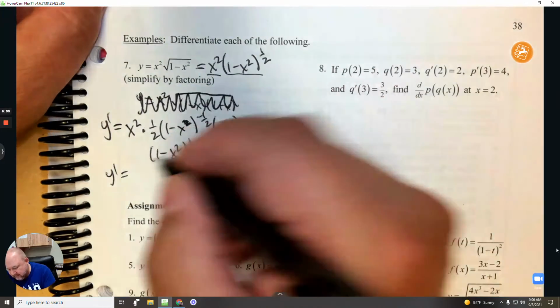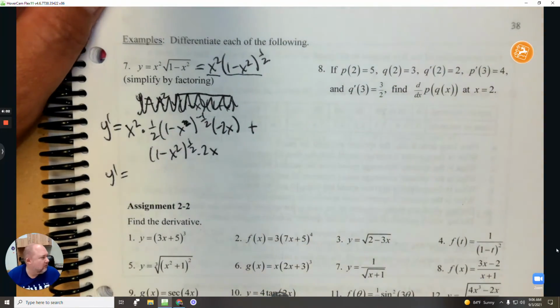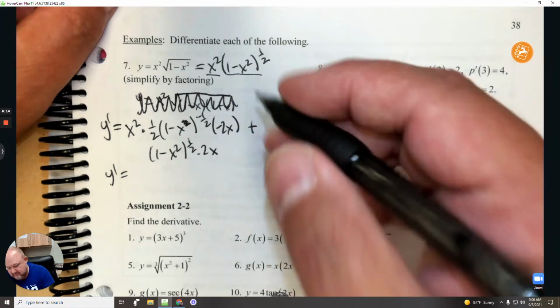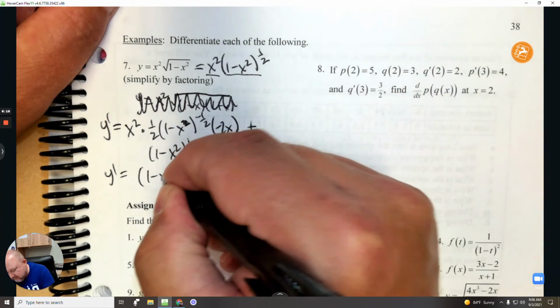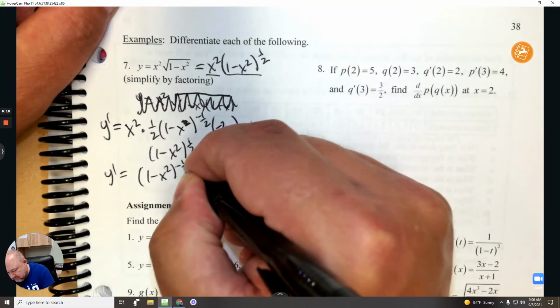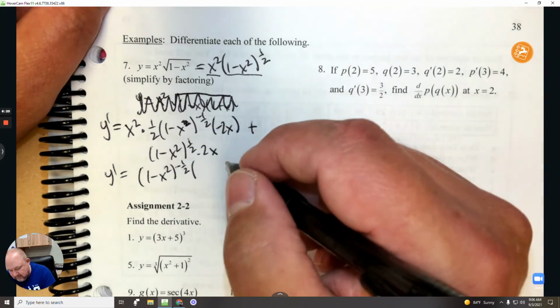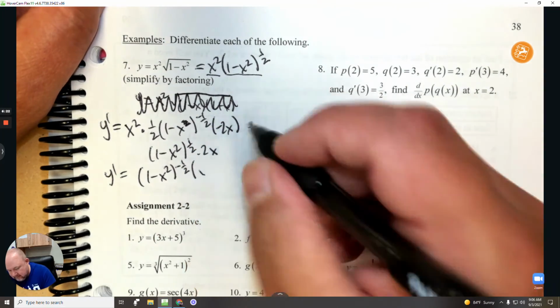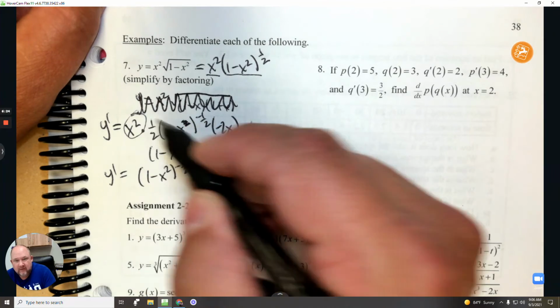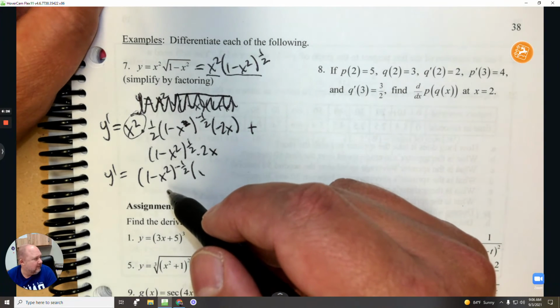So could you factor out, if you had to? What do they both have in common? You could factor out 1 minus x squared to the negative 1/2. That would leave me with x squared. Is there a 1/2 too that both have?